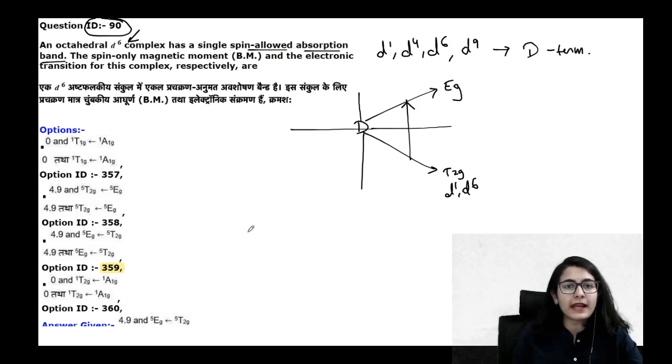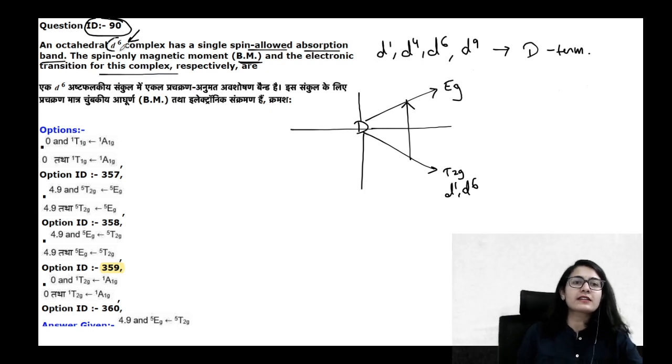Alright, so the question is the spin only magnetic moment and electronic transition for this complex. It is mentioned that it's a d6 complex, which has only one single spin allowed absorption band. So what is the spin only magnetic moment and the electronic transition? That is asked. Okay, so yes guys, how is it possible?